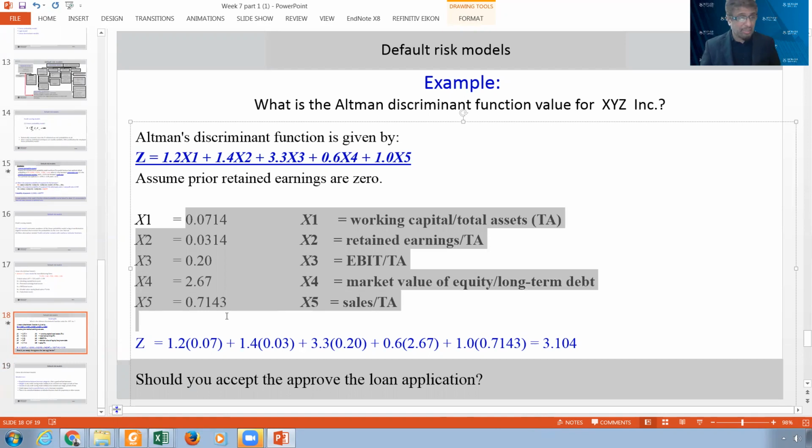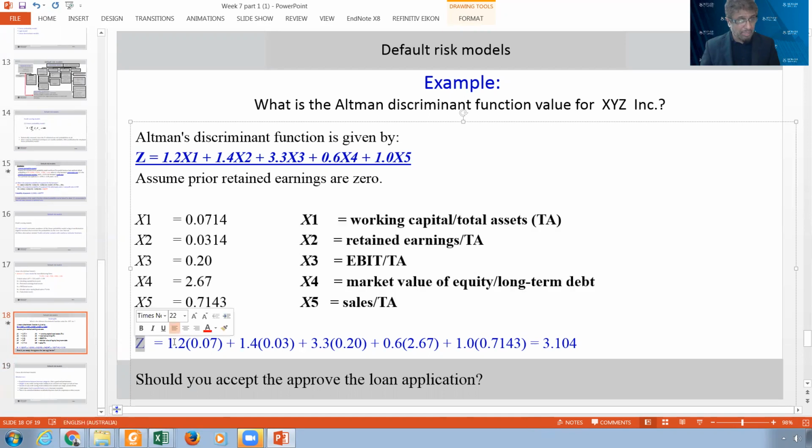I think you will discuss it in the tutorial. And I want you to understand that the Z value has 5 factors, and it has to be between 1.81 and 2.99 as a critical area, and over that accept, below that reject. Within that range of 1.81 to 2.99, you consider.